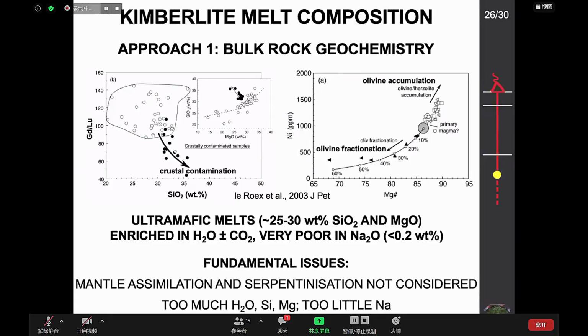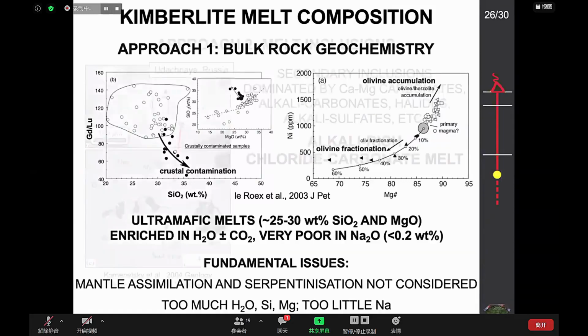And importantly, these melt compositions can only be generated at extremely high temperature, above 1500 and probably around 1600 degrees. However, there is no evidence of thermometamorphism around kimberlite intrusions, meaning that these melts are not particularly hot, which of course goes against these estimates of primary melt composition.